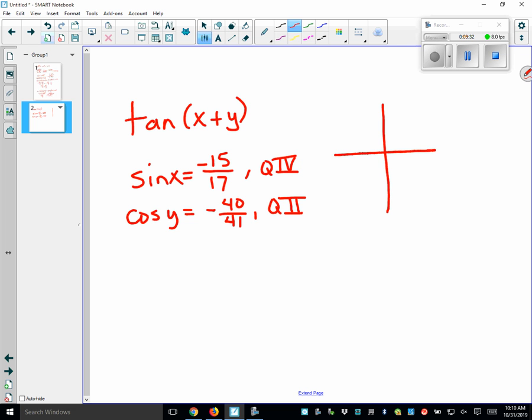X is in quadrant 4. This is x. This is negative 15. This is 17. What's my third side? 8, positive.